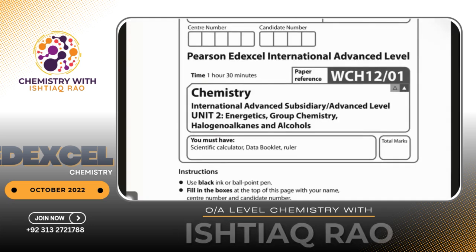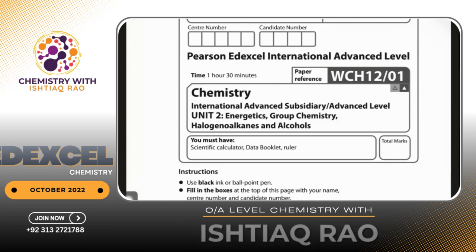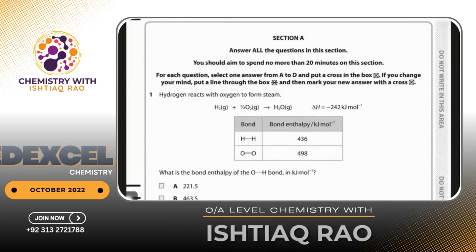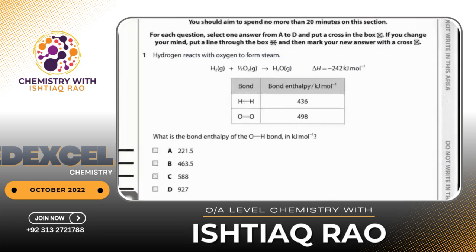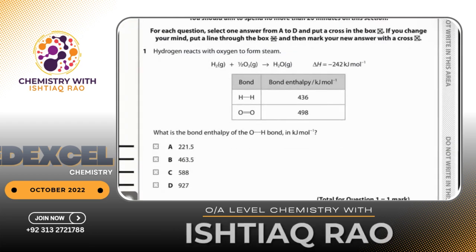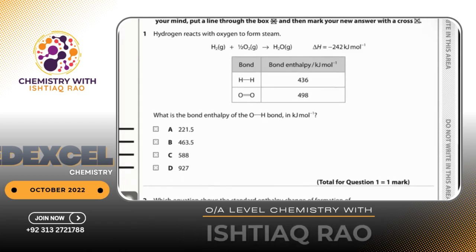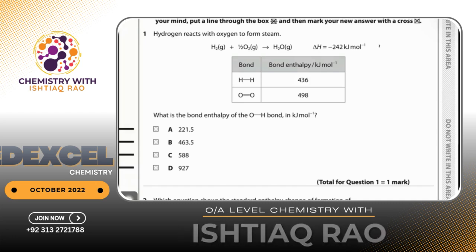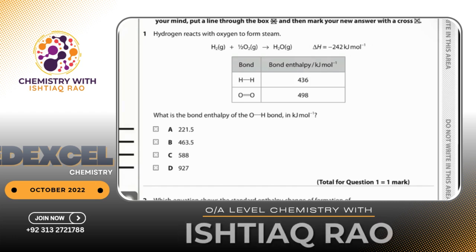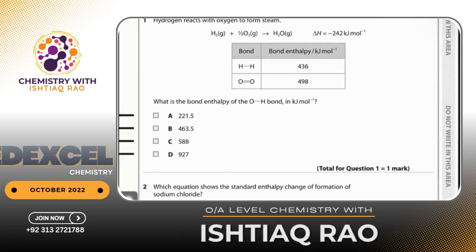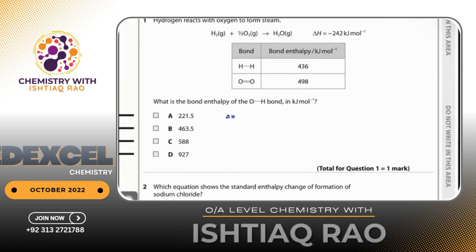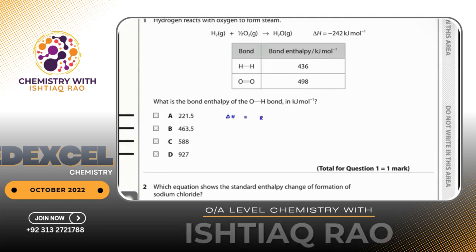Okay, so this is October 2022. Question number one. Hydrogen reacts with oxygen to form steam. What is the bond enthalpy for the OH bond in kilojoules per mole, since the overall energy is given? So I can say that delta H is equal to reactant minus product.